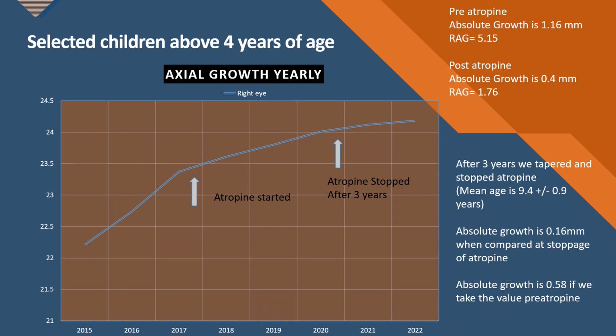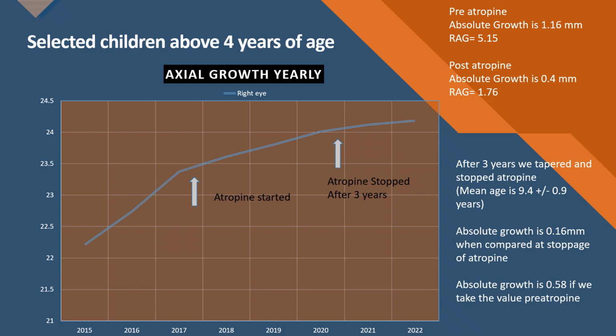Pre-atropine, the absolute growth was 1.16 millimeter per year, and the rate of axial growth was 5.15, whereas post-atropine it came down to 1.76. So atropine does work even in the absence of a phakic lens. So not all the effect of atropine comes from accommodation.